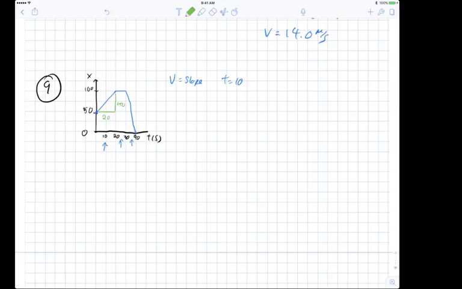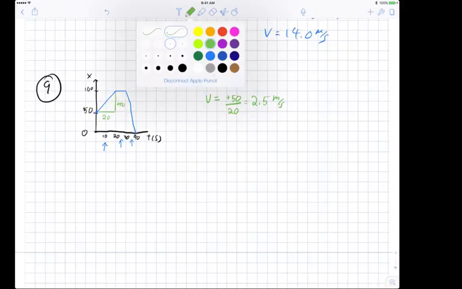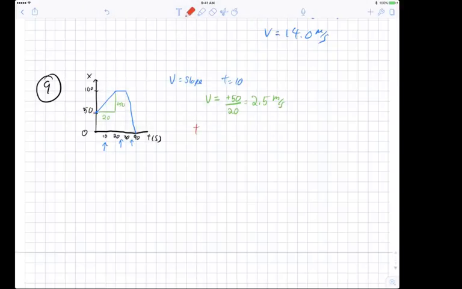So v is equal to plus 50 over 20. So that is 2.5 meters per second.